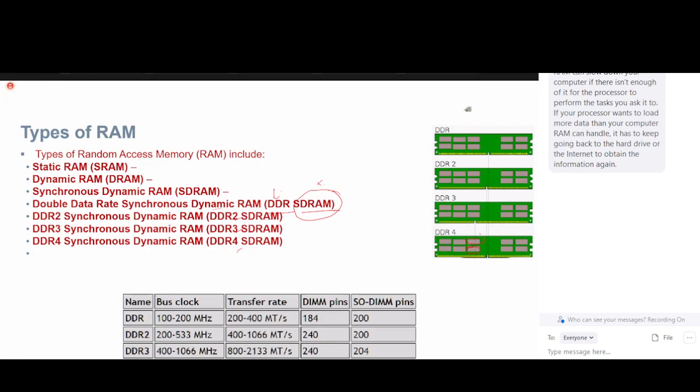SDRAM is... DDR is, well, it's not about the capacity. DDR is about their speed, right? So DDR is mainly concerned about the speed. Yes, Pavesh, that's the correct part about what you said.